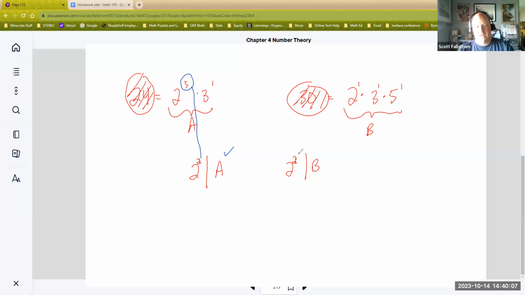But over here on this side, when I check, the exponent on 2 is a 1. Uh-oh, we've got a problem. 2 squared does not divide B. All right? So that means the biggest power of 2 that divides both of those is 2 to the first power.